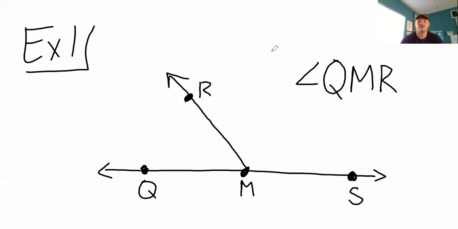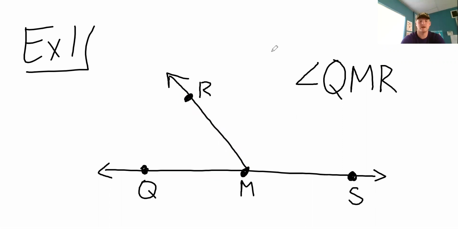Yeah, Talon? Acute, yep, because it goes from Q to M. So look up here, Q to M, and then M to R. So that angle would be QMR. M is in the middle because it's at your vertex. It's at the point that's in the middle. See what I'm doing there?